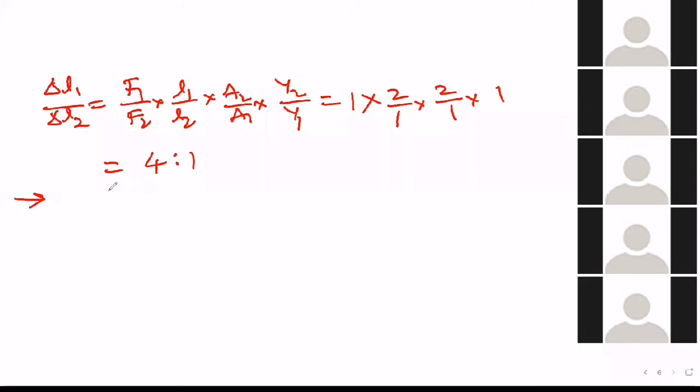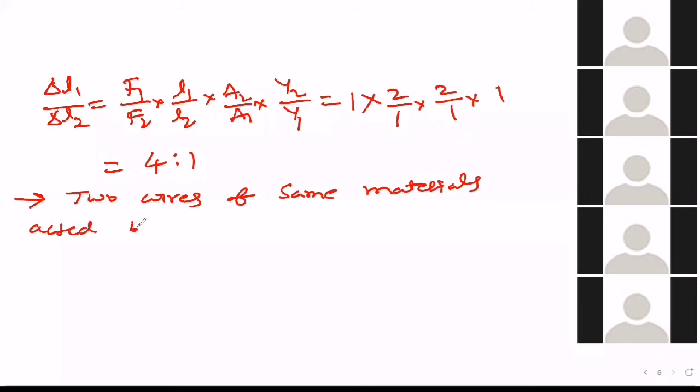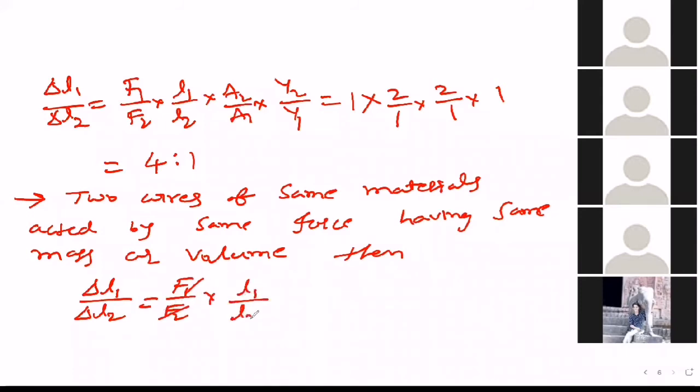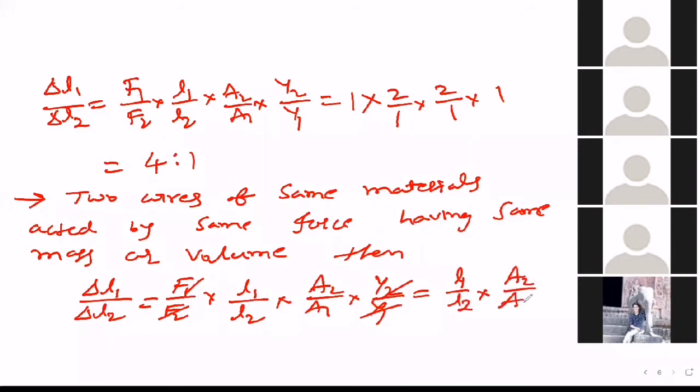Whenever in the question they say volume remains constant, two wires of the same material, acted by the same force, having the same mass or volume, then delta L1 by delta L2: F1 by F2 cancels, Y2 by Y1 cancels because same force and same material, equal to L1 by L2 times A2 by A1.